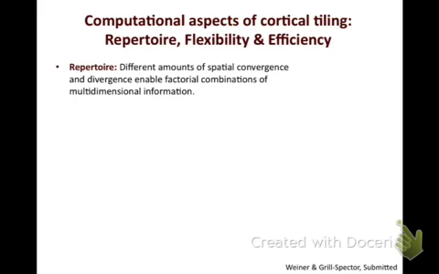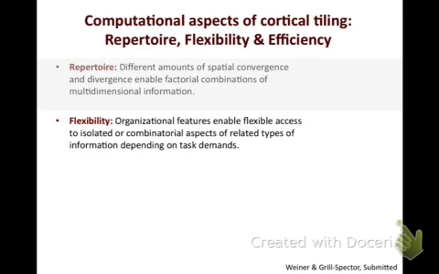So different amounts of spatial convergence and divergence can enable factorial combinations of multidimensional information. So for example, you could combine faces and body parts to have an understanding of the human body, or you could combine representation of body parts like hands with objects to understand how you manipulate these objects.